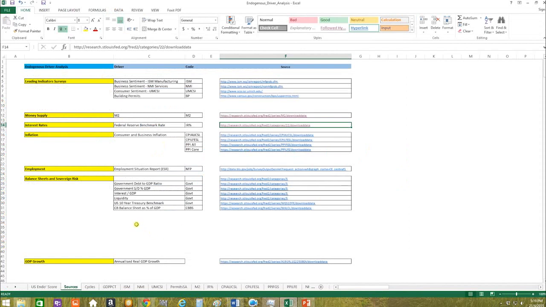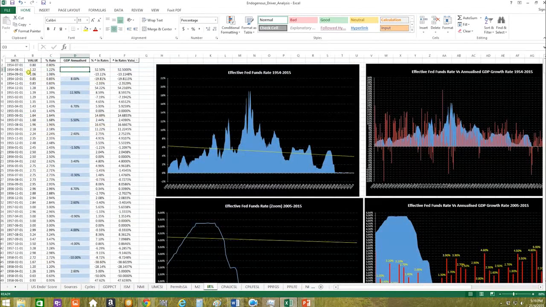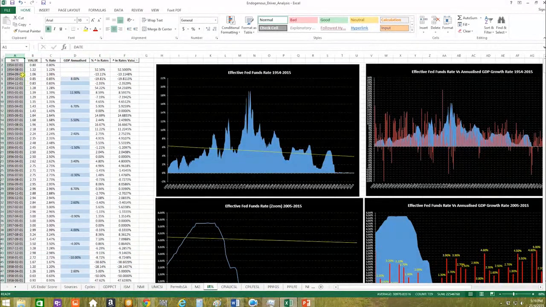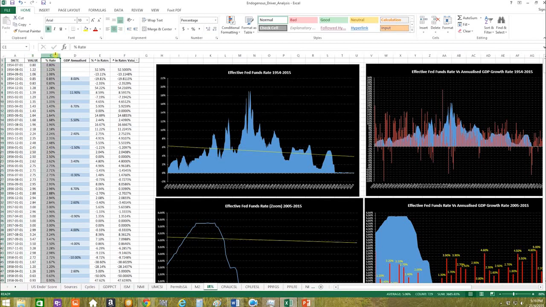If you go back to the spreadsheet and into the interest rate tab, we have a number of columns. The first one is the date, and this goes up in months. The second one is the value of interest rates, so the actual level that interest rates are set at, expressed in percentage terms.